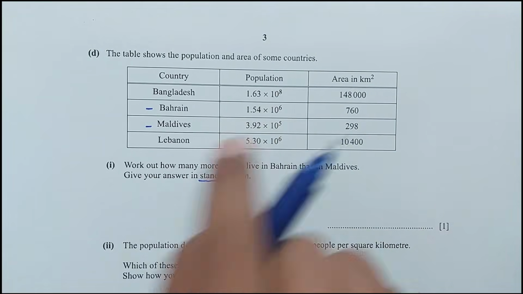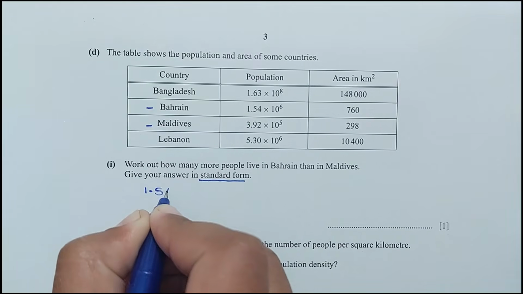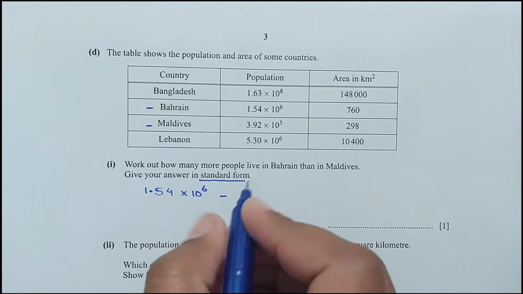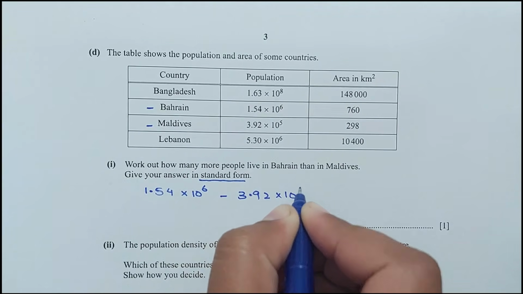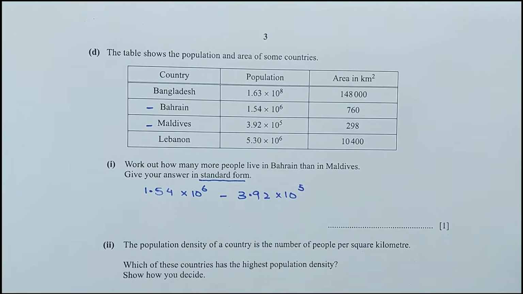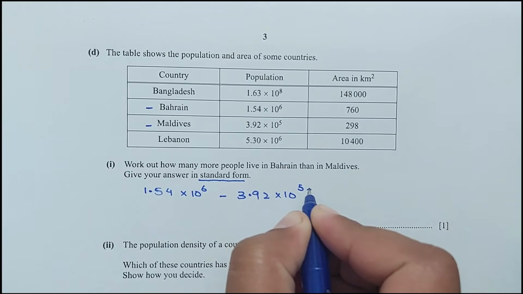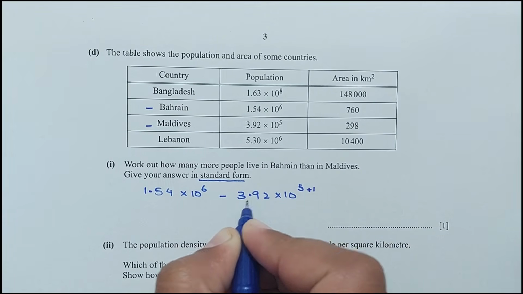So the population of Bahrain is 1.54 times 10 to the power 6, minus Maldives, 3.92 times 10 to the power 5. We have to make the same exponents. If I make this exponent 6, adding 1, we have to move the decimal point one place to the left.